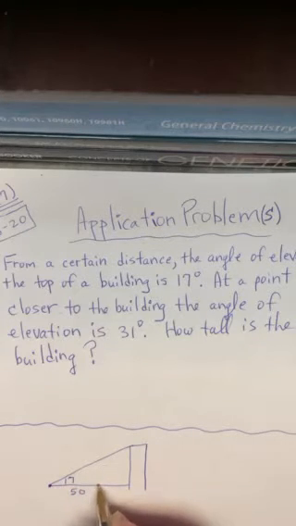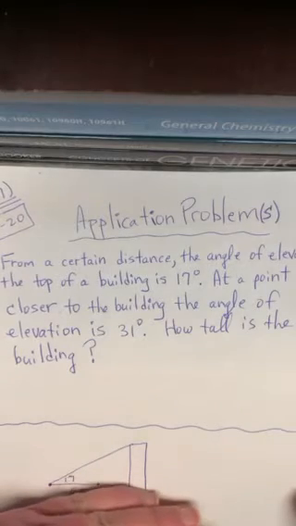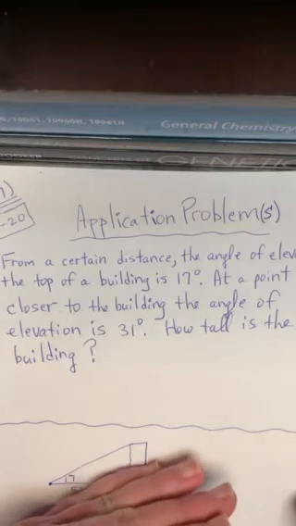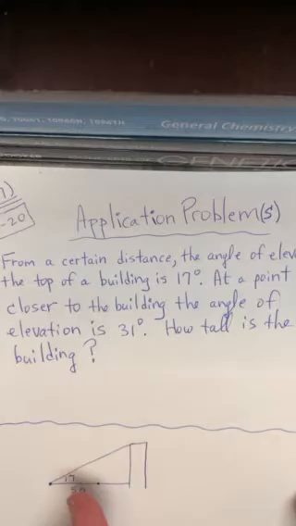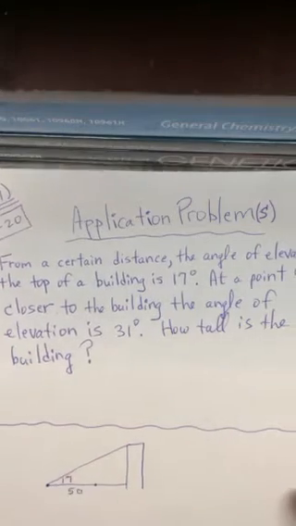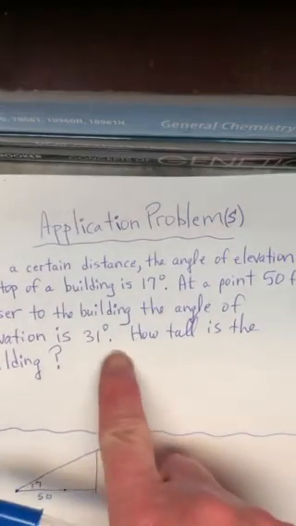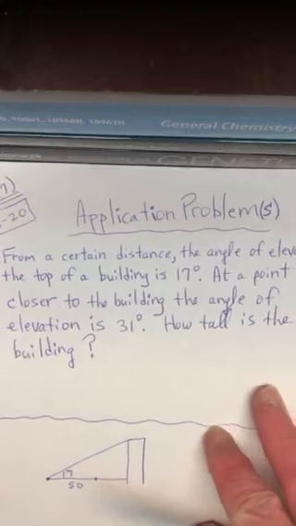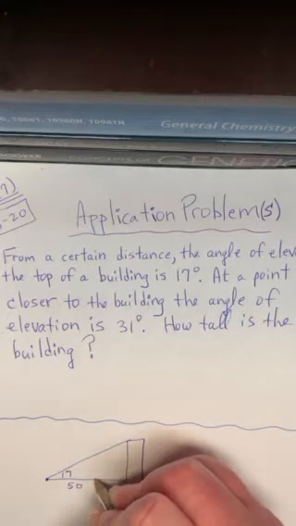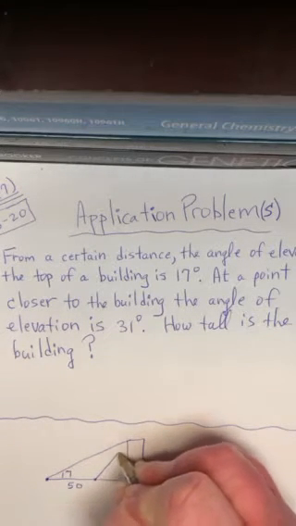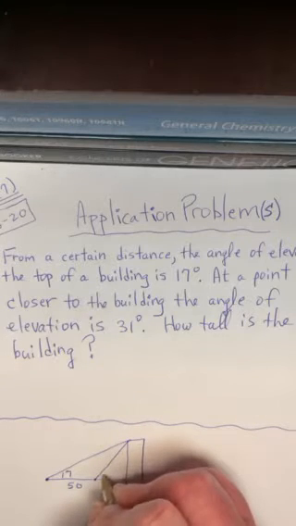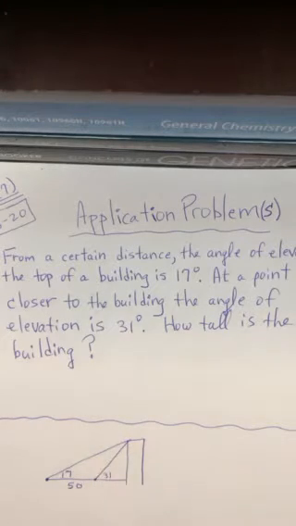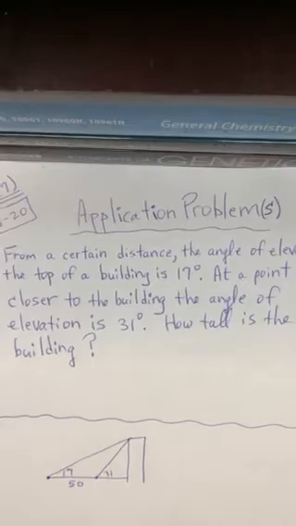Now from that point, of course, if I look at the top of the building, aren't I going to be looking upward at a steeper angle than I was when I started? So it does say the angle of elevation is now 31 degrees. So looking up to the top of the building from there, I've got a 31 degree angle of elevation.